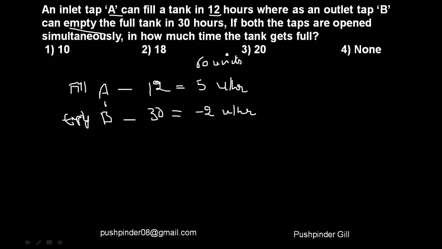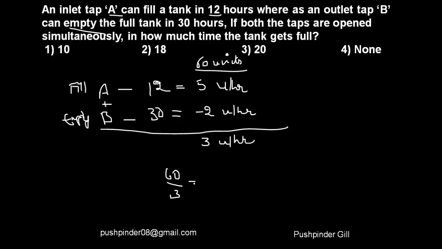So if they work together, they both are going to fill 3 units every hour. And if the job is of 60 units, it's going to take 20 hours, I'm sorry, to finish the job. Fine. So it was a simple question. I hope everyone understood this, right? So let's move forward.